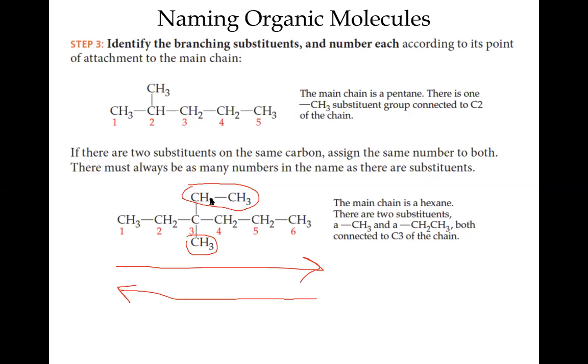Do we say it's methyl first and then ethyl? No, because E comes before M, so it would be ethyl, methyl. And if there are two substituents or two branches, there better be two numbers. So even though these are both on the same carbon, the third carbon, it should be 3-ethyl, 3-methyl. Okay.